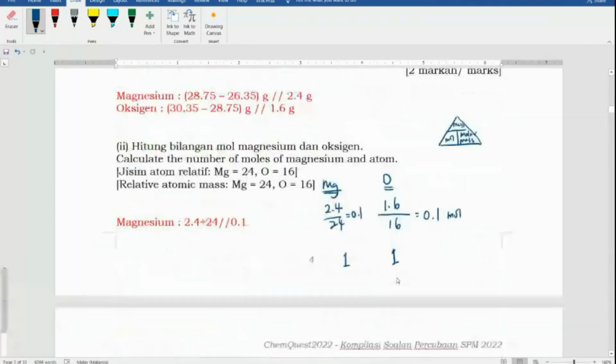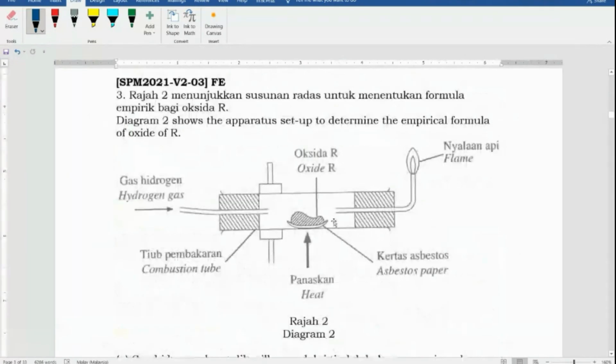Then the second one, this apparatus, is for the unreactive metal. For example, copper, lead. So far, I only see these two examples.